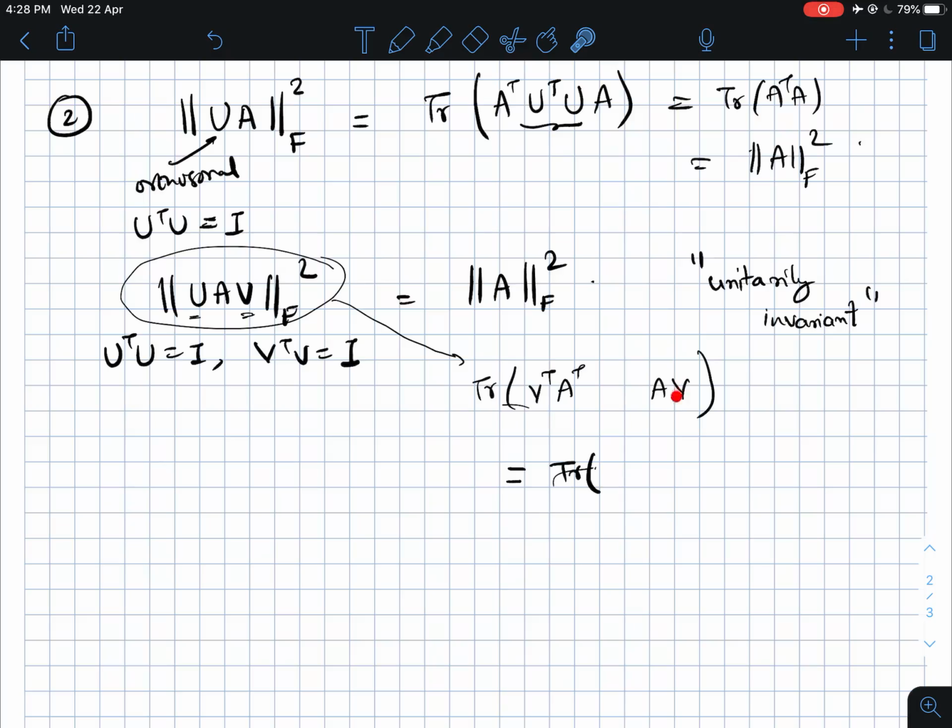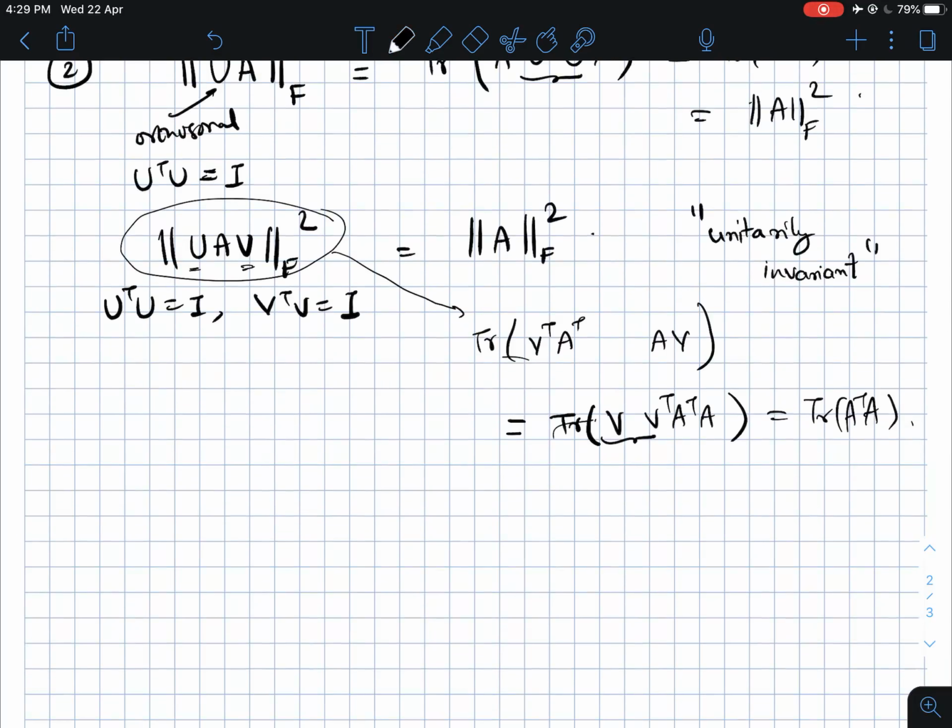Trace has this very nice cyclic property, meaning that any matrix here you can move to the front and the trace will not change. So you can write it as V V transpose A transpose A. But V V transpose is again identity, so this becomes trace of A transpose A. Or you could simply apply this result to the transpose, and then you can conclude the same thing here. So that's the unitarily invariant property of the Frobenius norm.